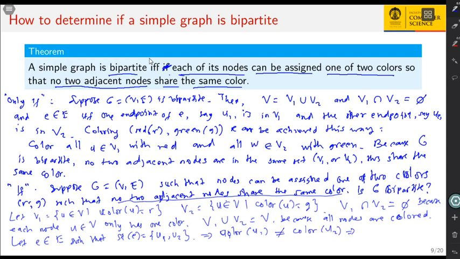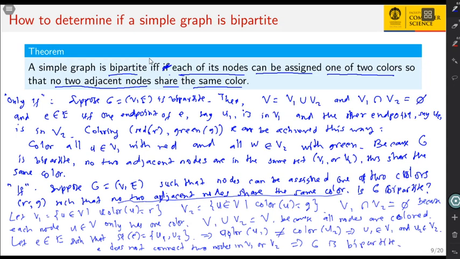That means u1 is in V1 and u2 is in V2, or vice versa. Therefore e does not connect two nodes in V1 or V2. So G is a bipartite graph.